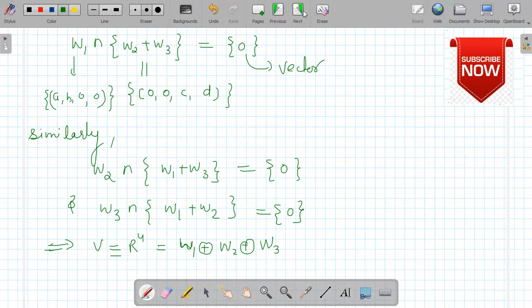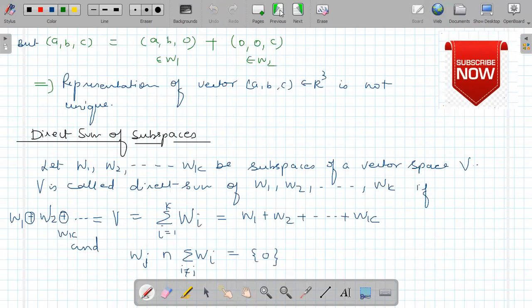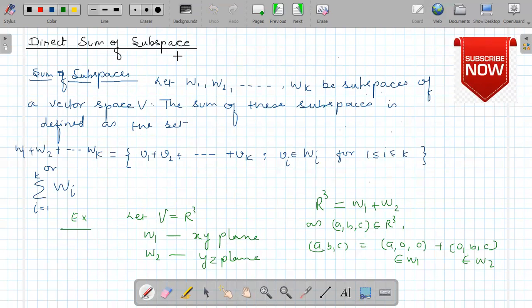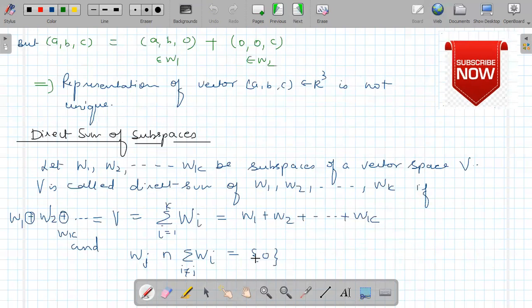Okay, so this is the concept of sum of subspaces and direct sum of subspaces. Try to understand the difference between the two. In one case we have only the addition of the members of subspaces, and in the second case we have this extra condition due to which we have uniformity in the representations of the members of the vector space.